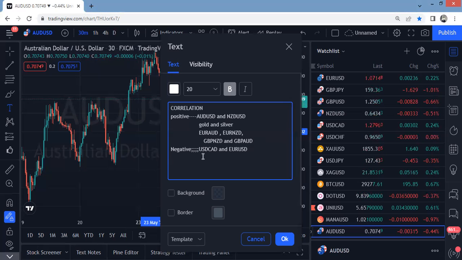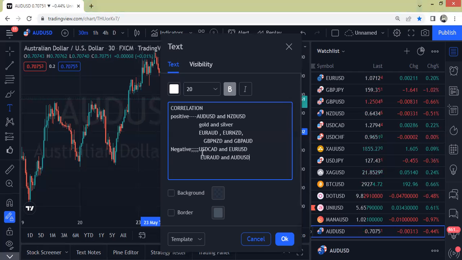We also have Euro AUD and AUD USD. Negative correlation. So if Euro AUD is buying, expect this one to be selling. Same thing here. If USD CAD is buying, Euro USD should be selling.